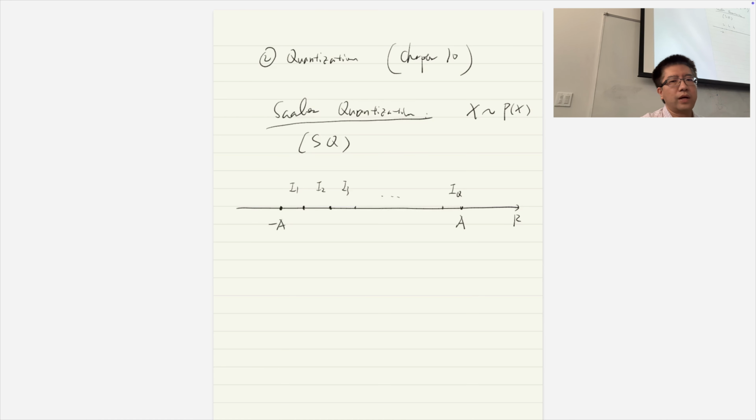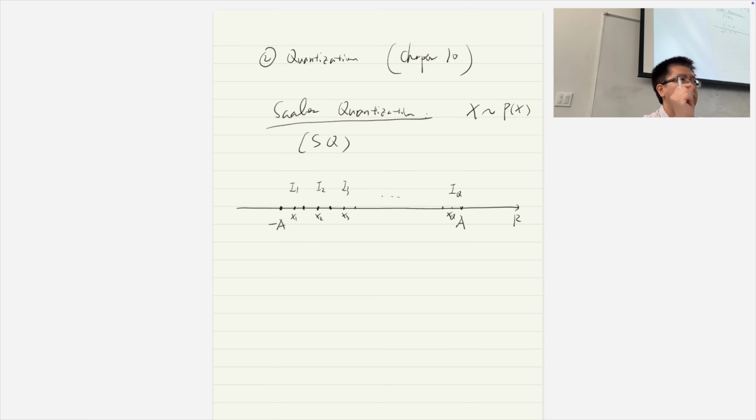The other thing is that if x is in this range, we're going to use a number in this range to represent x, and then we need to determine what that number is. Maybe a reasonable choice is to just pick the mid value here, x1, and here is x2, here is x3, and here is xQ.